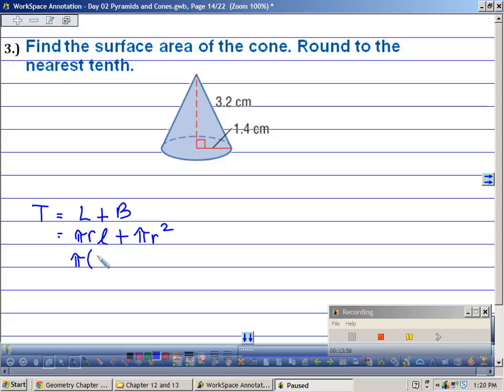So pi, what's the radius? 1.4. What's the slant height? 3.2 plus pi times 1.4 squared. Put that in a calculator, and I have 20.2 centimeters squared, done.